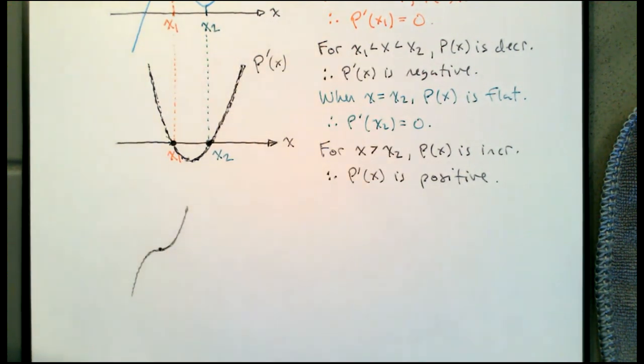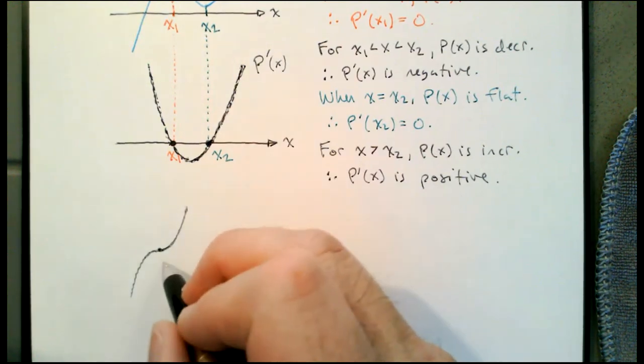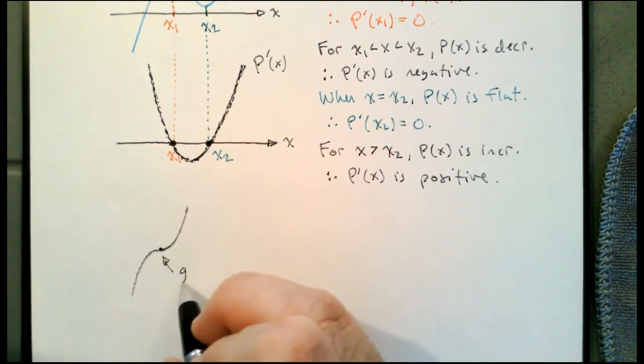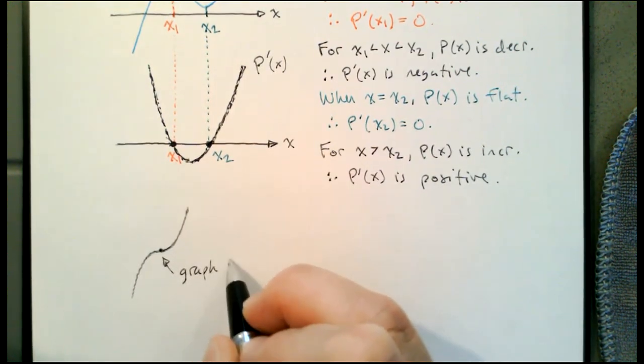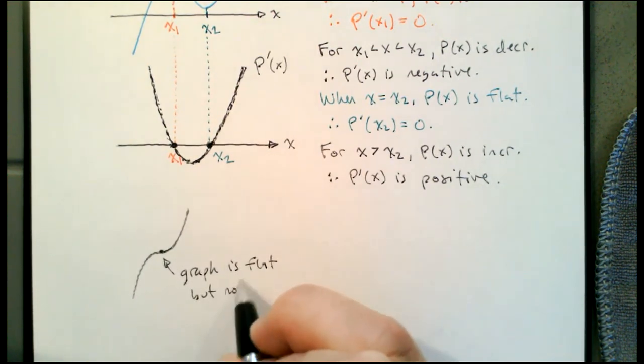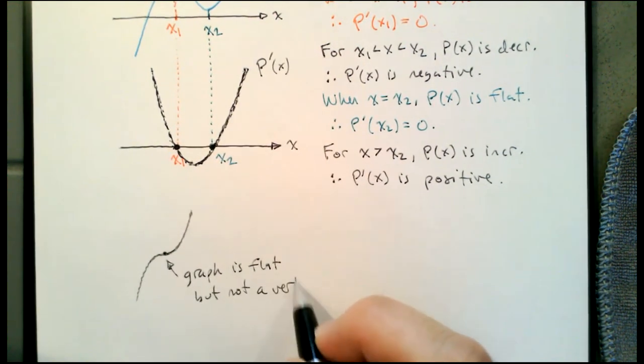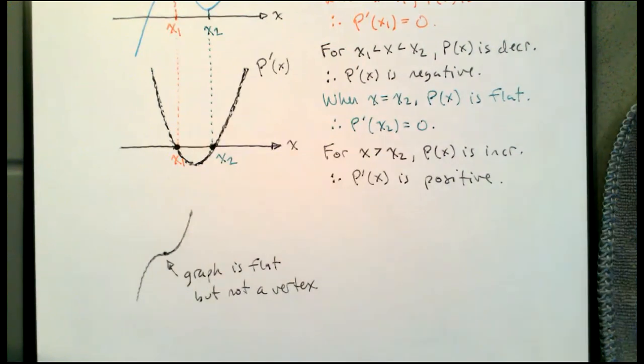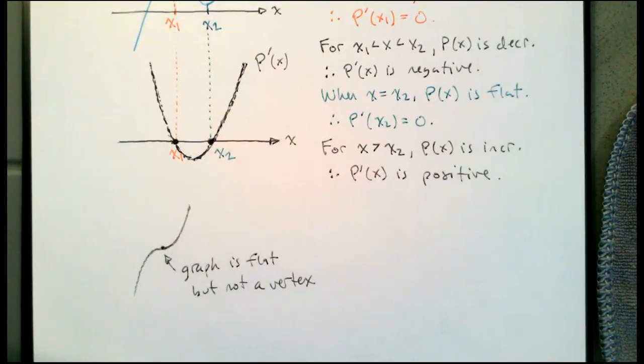But here's a point where the graph is flat, but it's not a vertex. Oh, okay. Good question. So the graph is flat, but the graph doesn't take this opportunity to turn around. It just flattens out, takes a breather, and then heads on back up, continuing increasing.